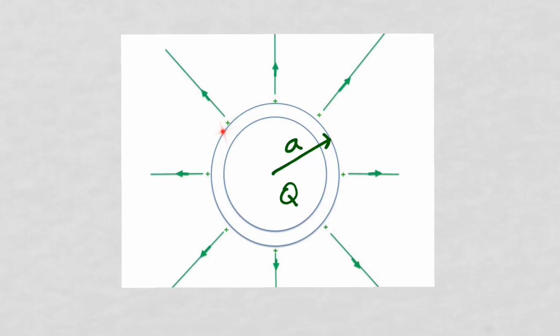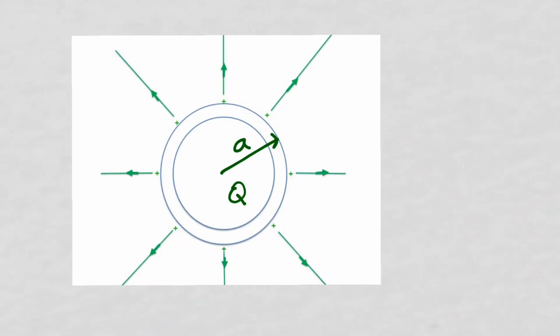So the charge will reside on the outer surface of the sphere, and the electric flux will emanate out in the radial direction. So from the symmetry, we know the form of the electric flux density field will be a component only in the r direction and only depending on r.